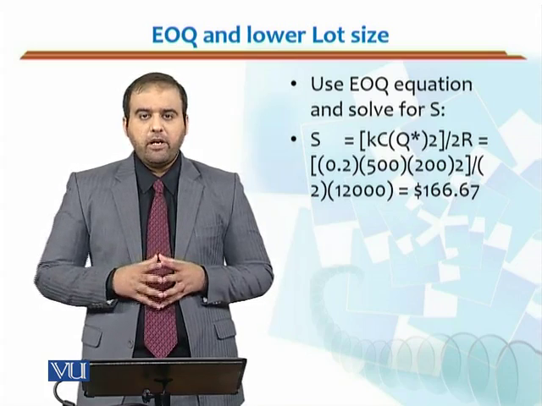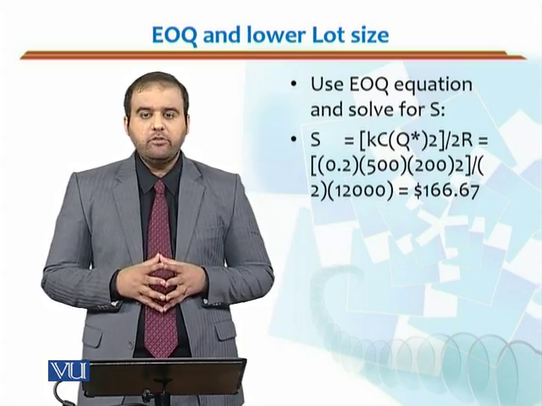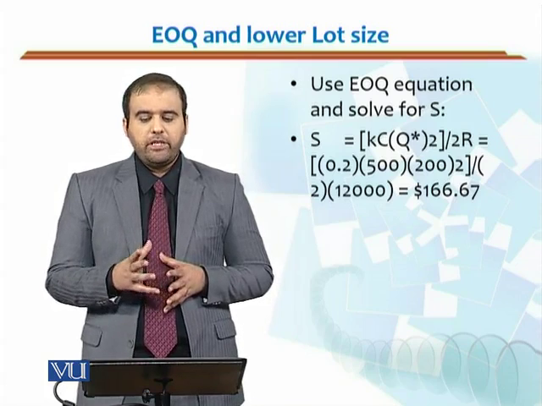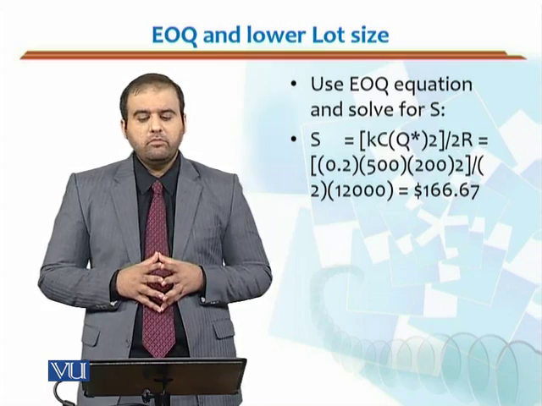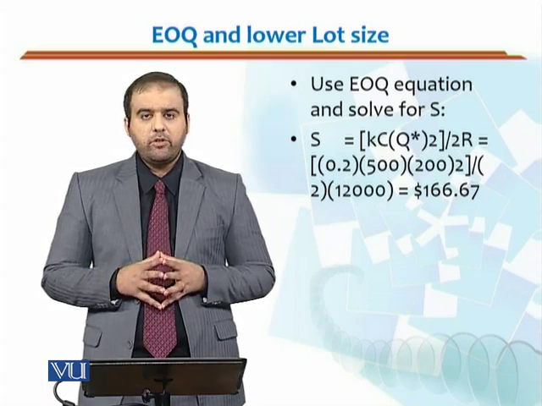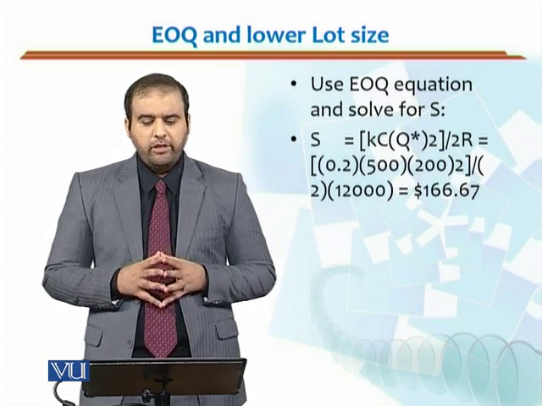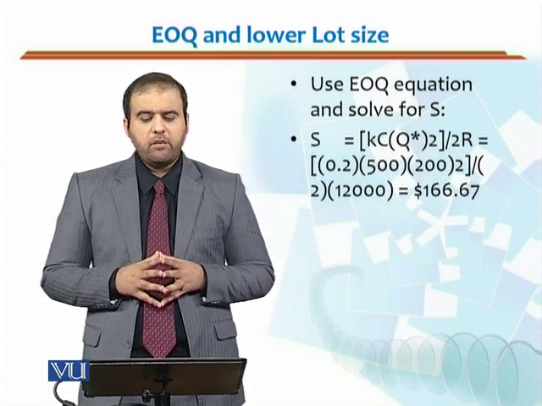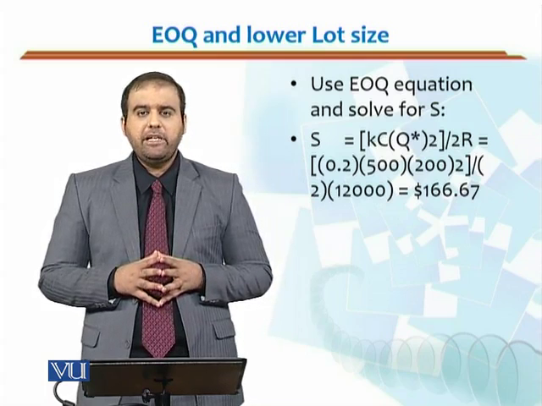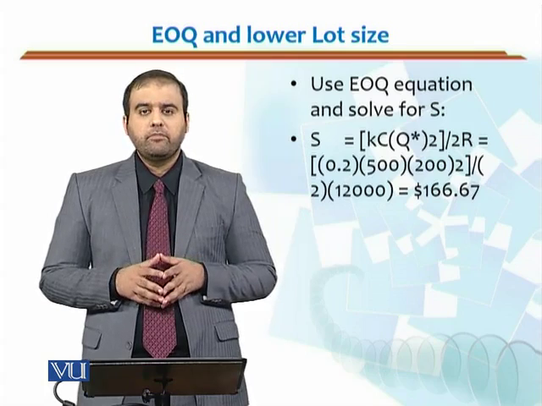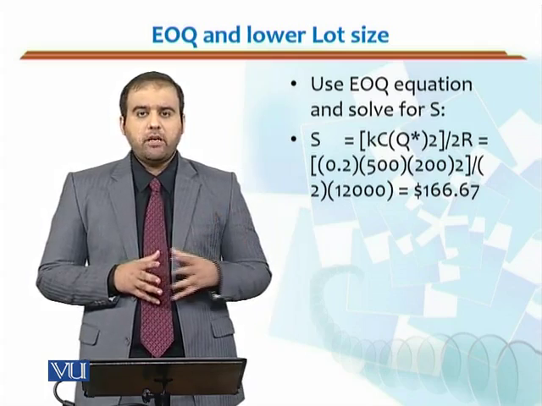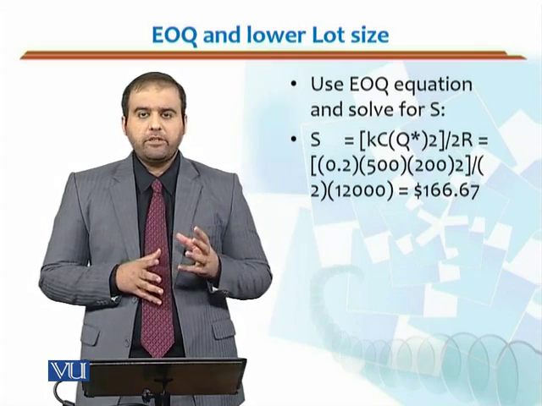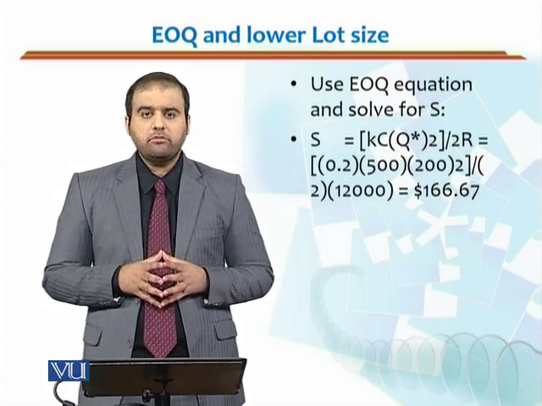So if you rearrange the notations, S would be h·C·Q squared over 2R, and if you put in the values, you will come up with approximately $167. When we solved the example earlier, the fixed cost or setup cost was $4,000.